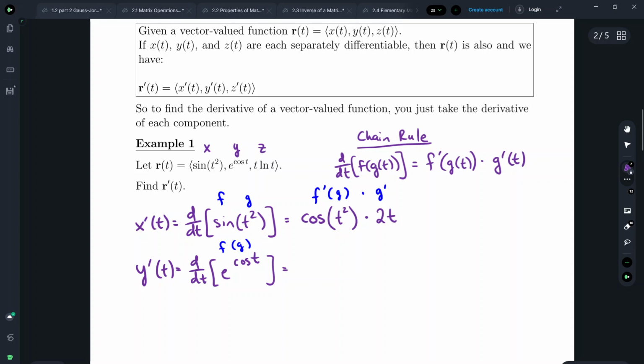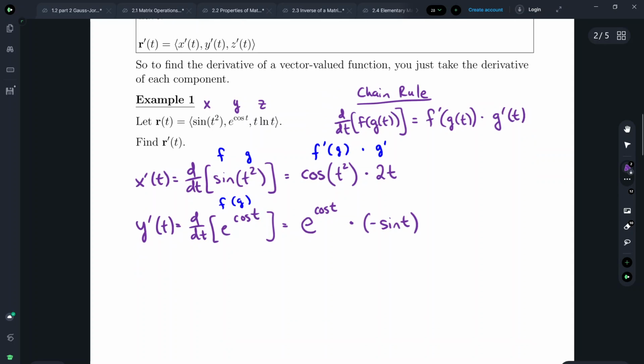So f prime is the exponential function. The derivative of the exponential function is still the exponential function. And then inside, the g stays the same, so the cosine is in the exponent and it stays the same. And then times the derivative of cosine, which is minus sine. Okay, so that's the chain rule for this.